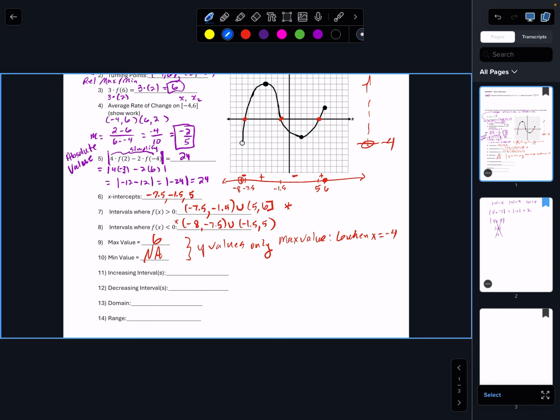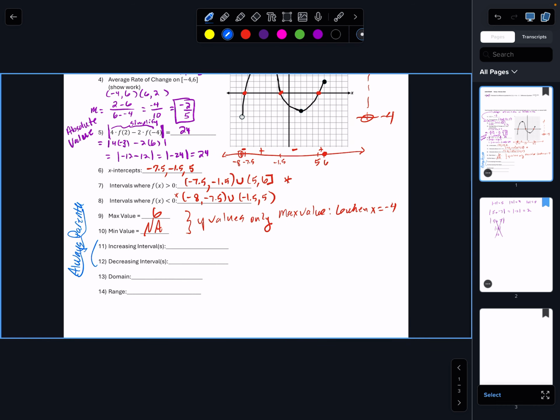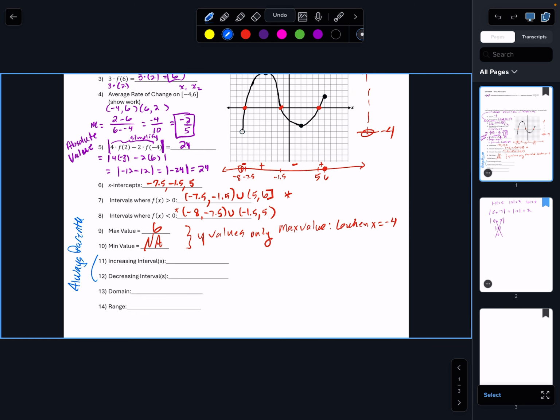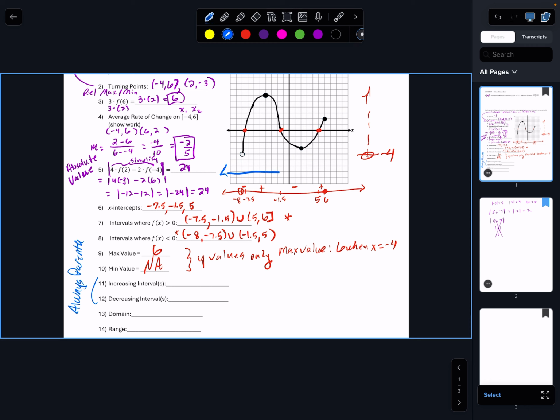All right, so if we go to increasing, decreasing intervals, remember that you always use parentheses for increasing and decreasing. Always parentheses. The other thing is you are going to use the x coordinates of the relative max or mins.